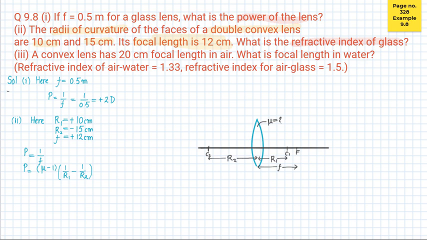Okay, so there's one note. Note: power of lens equals (mu minus 1)(1 upon R1 minus 1 upon R2).